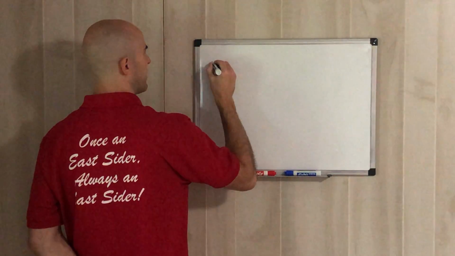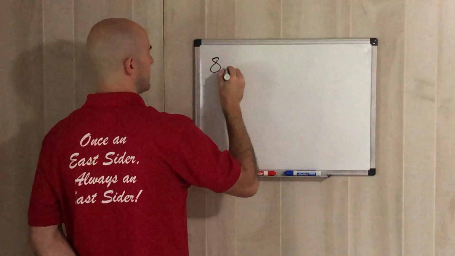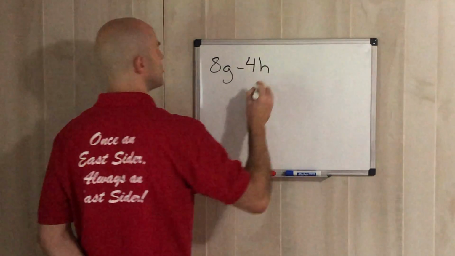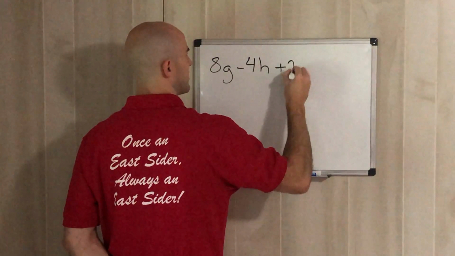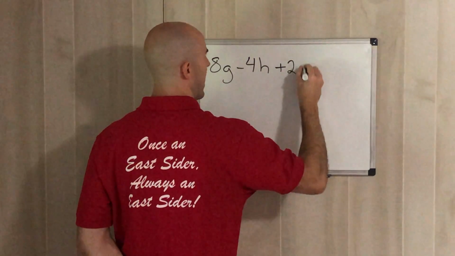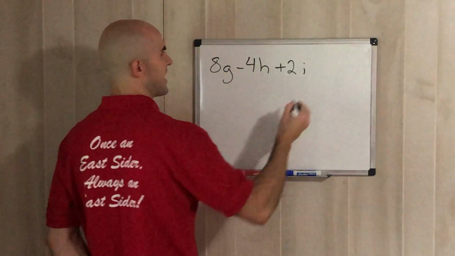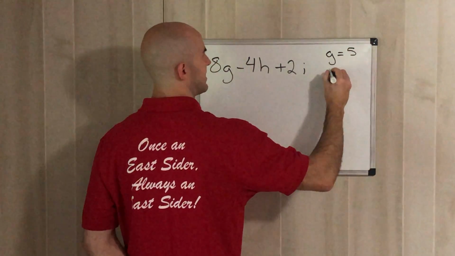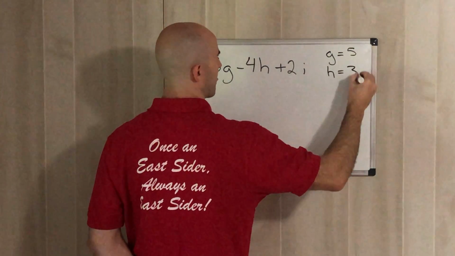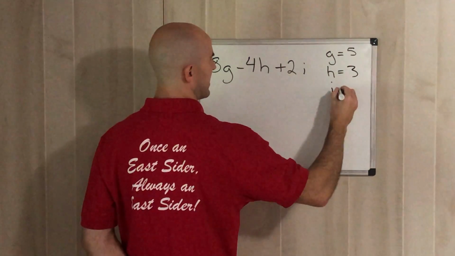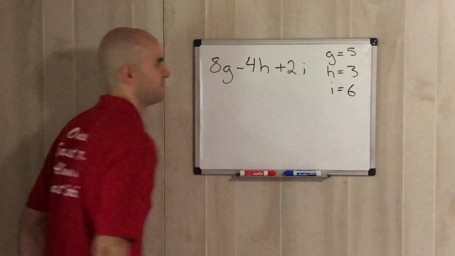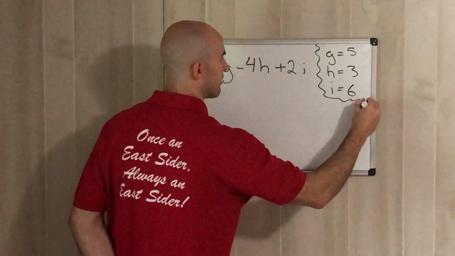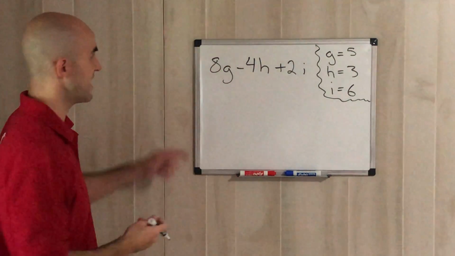Last one, let's say that I were to give you something along the lines of 8g minus 4h plus 2i, right? And let's say that g is 5. Let's say that h is 3. Let's say that i is 6. Right? So now that we have all of this, it's just literally substituting it everywhere we see it, right?